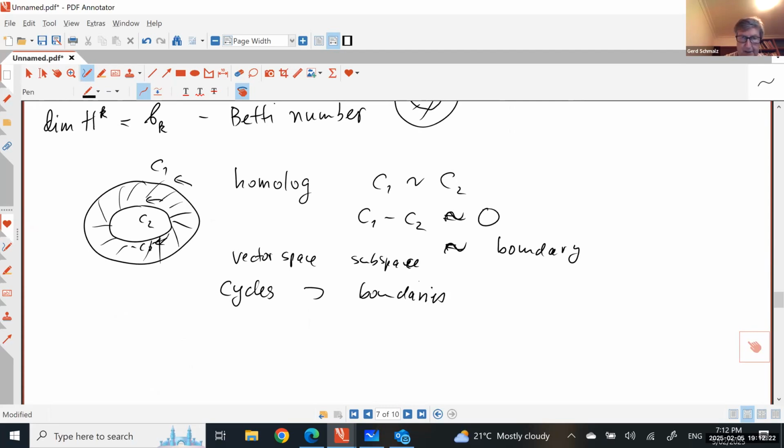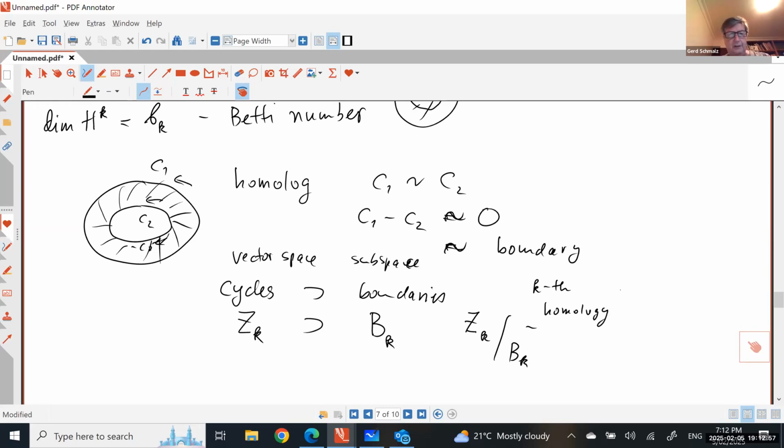I call the cycles Z with k on the bottom, and I call the boundaries B with k on the bottom. They belong here, it is a subspace. And we can also form the quotient space. And this quotient space is the kth homology.